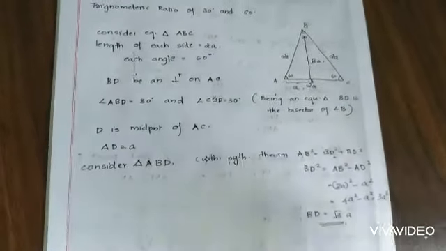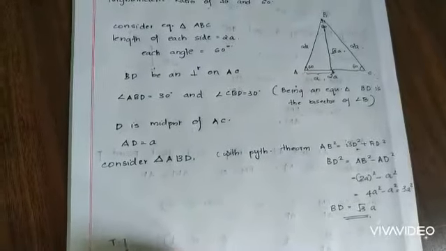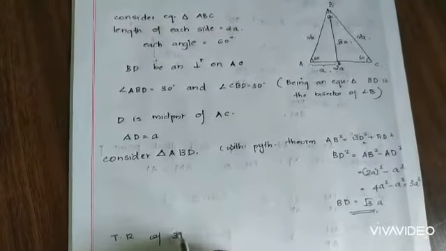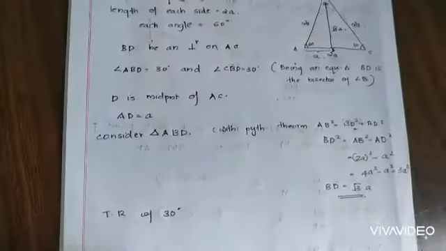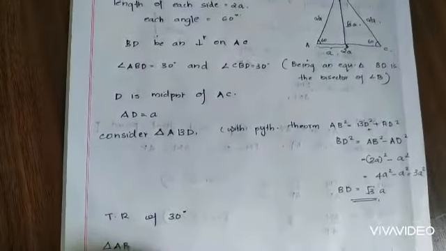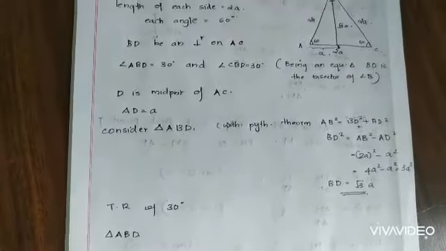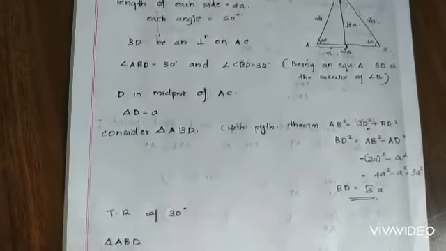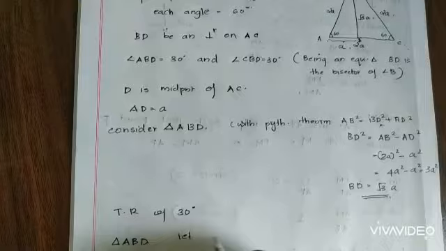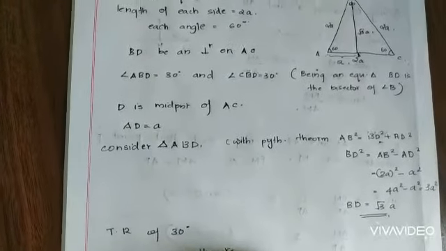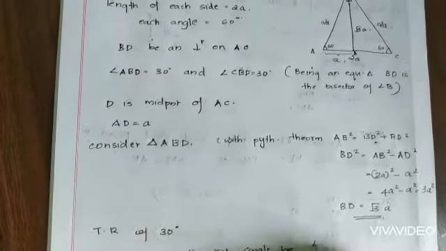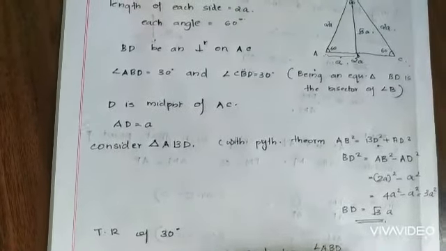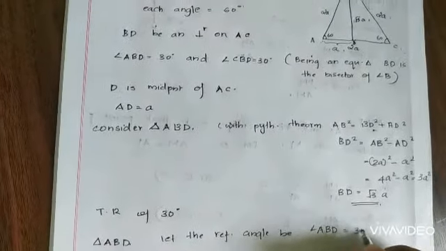Now, let us find the trigonometric ratio of 30 degree. For that, consider triangle ABD. Let the reference angle be angle ABD, which is equal to 30 degree.